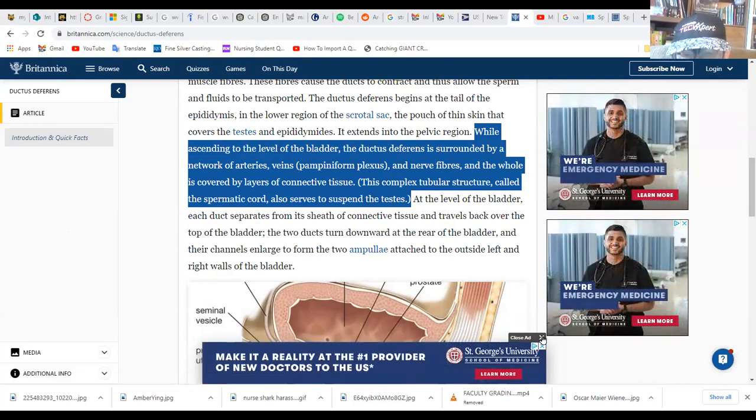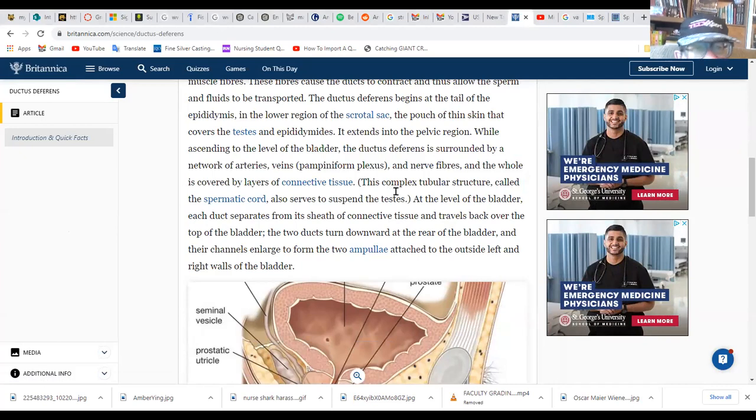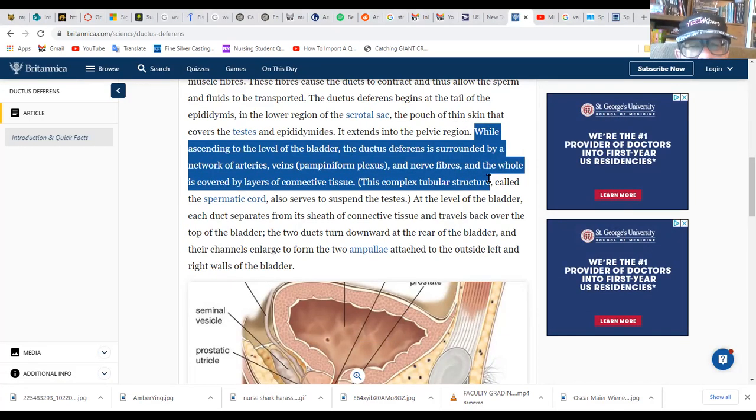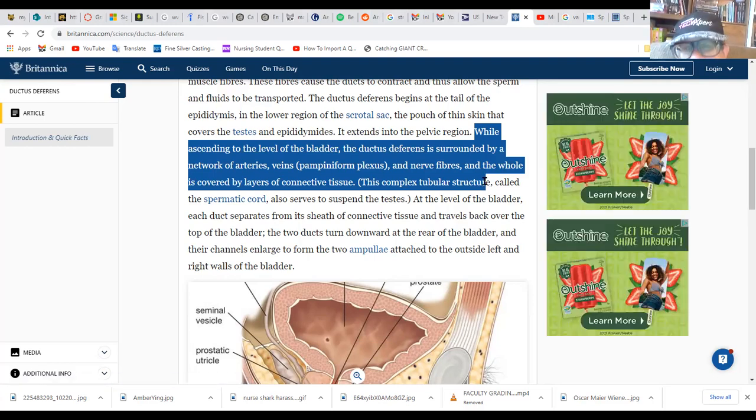This is the Encyclopedia Britannica, and it says, while ascending to the level of the bladder, the ductus deferens is surrounded by a network of arteries and veins, the pampiniform plexus, and nerves, and the whole thing is inside the spermatic cord. So that fits more what I was thinking.